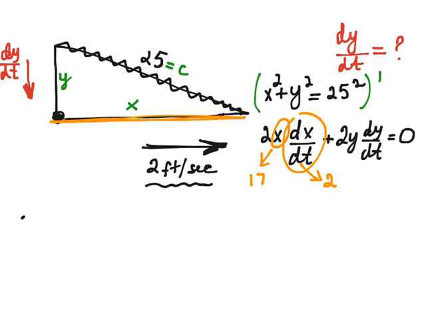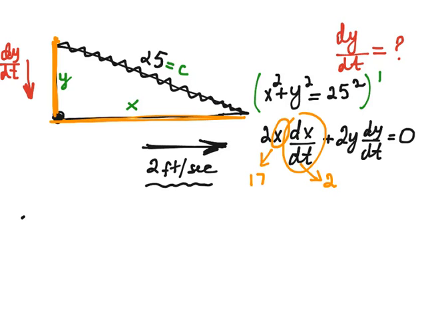What else do we have? We don't know what the y value is, but it's a Pythagorean theorem, so we can always find it. We're talking about the length of the ladder. It's 25. At that moment, it doesn't matter, it's still 25. At that moment, the value of x is 17. Now we just need the value of y.